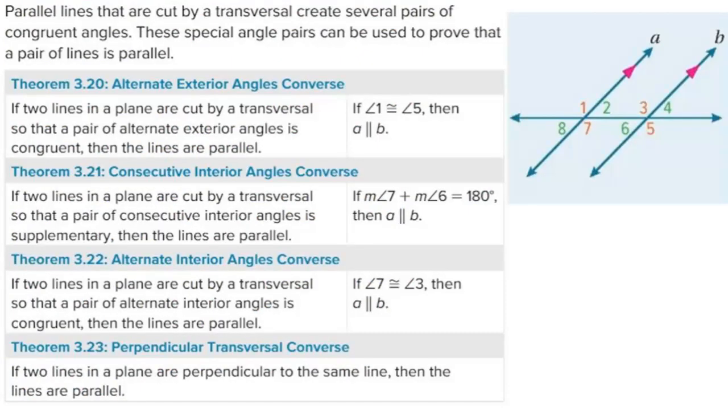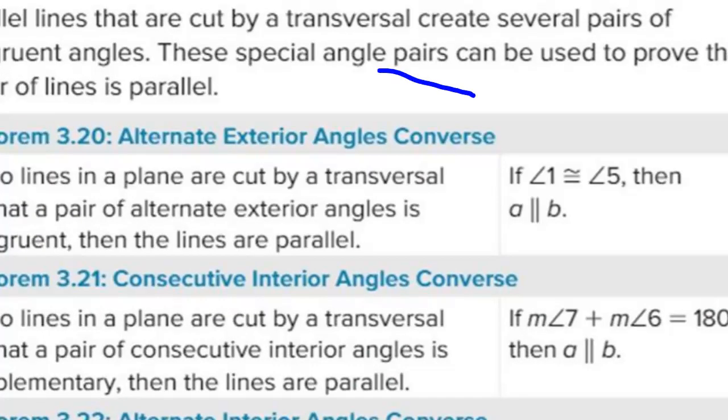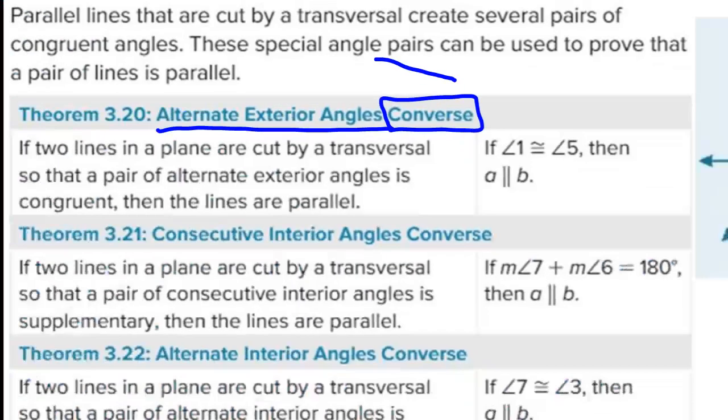All right, let's look at these converses. Parallel lines that are cut by a transversal create several pairs of congruent angles. These special angle pairs can be used to prove that a pair of lines is parallel. We have our alternate exterior angles converse.